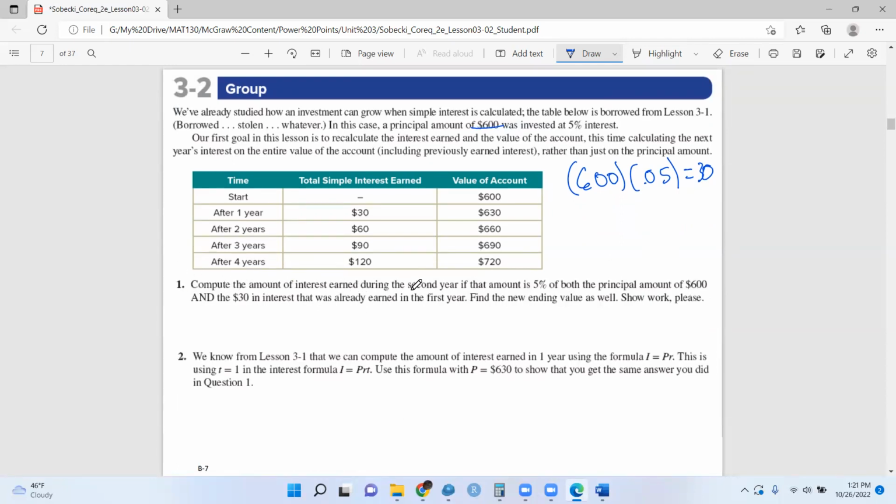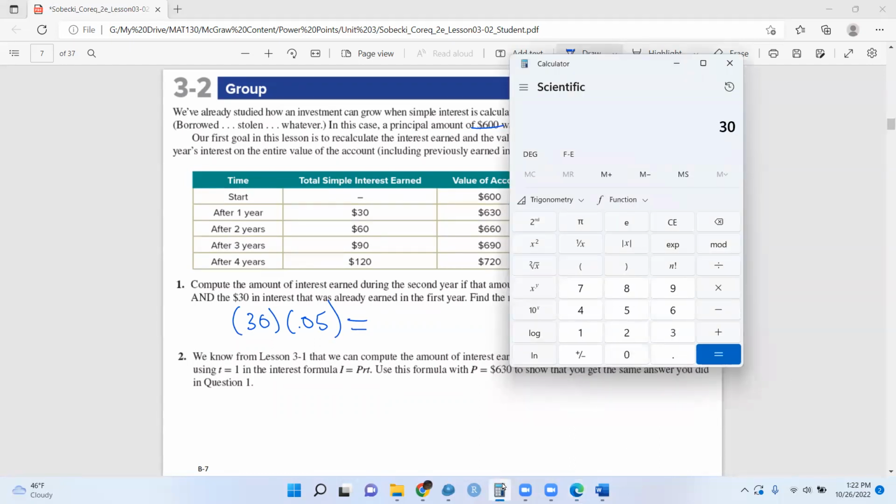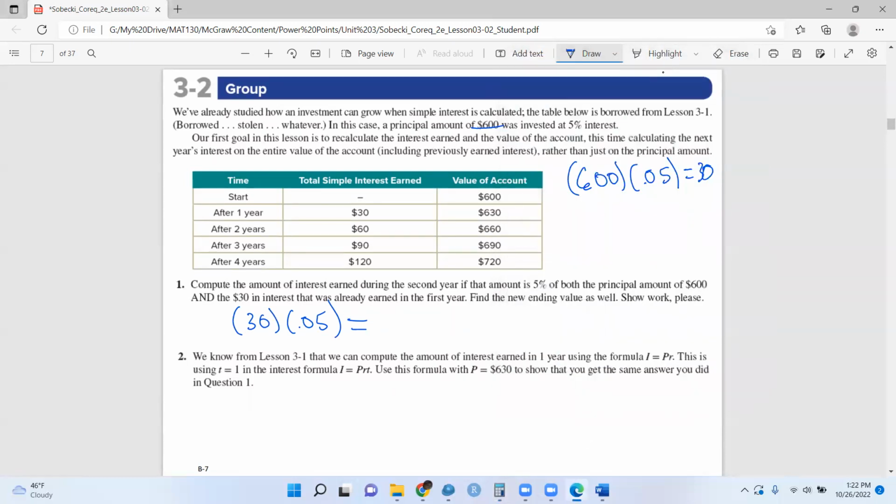Compute the amount of interest earned during the second year if that amount is 5% of both the principal amount, the 600, and the $30 interest. So that means we're being asked to calculate 5% of $30 and add that to the 30 we already got. So I'm going to do 30 times 0.05, and that means it's $1.50.